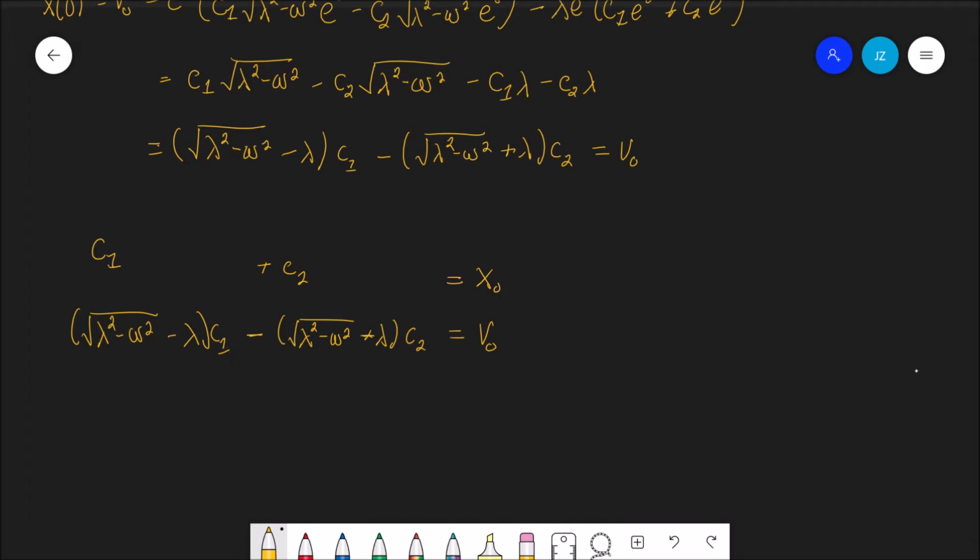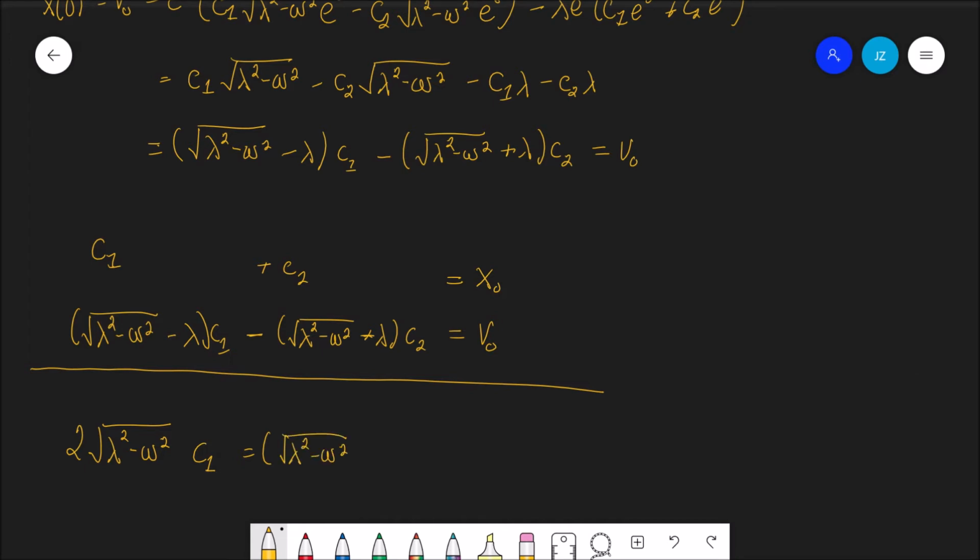So the first thing we can do is eliminate the variable C2. This will give us 2 square root of lambda squared minus omega squared C1 is equal to the square root of lambda squared minus omega squared plus lambda x naught plus V naught.